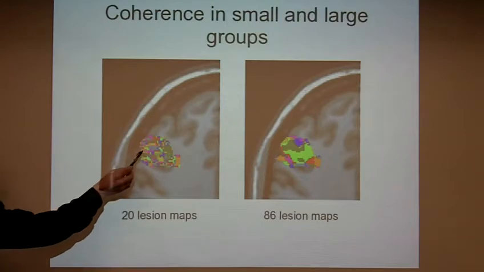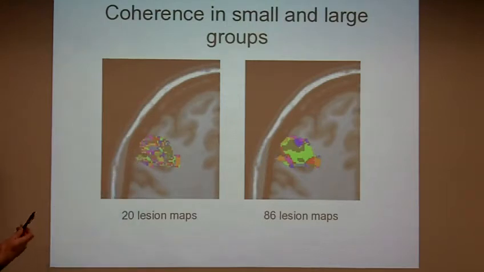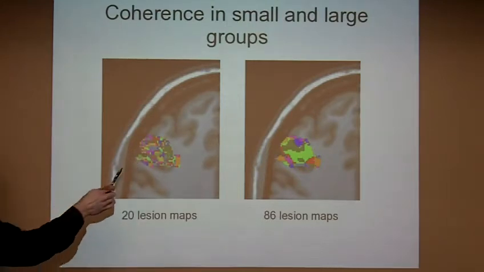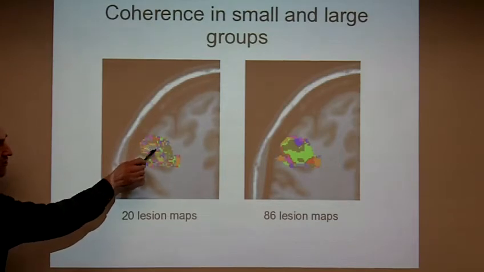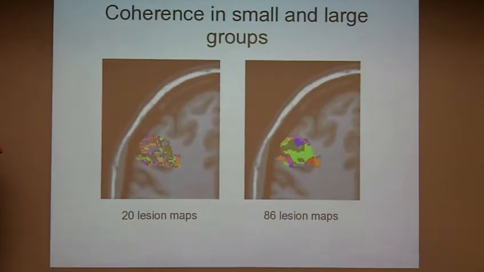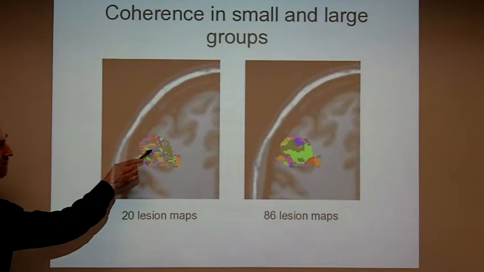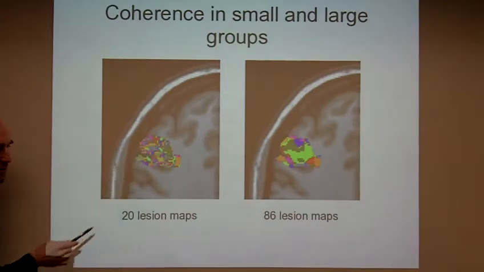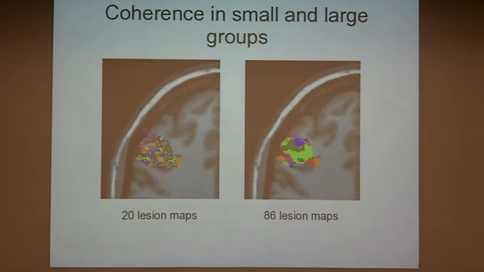If you're really interested for some theoretical reason or some anatomical reason in the difference between this little chunk of cortex and this little chunk of cortex, well, you've got to find a lot more subjects that have a lesion that ends right here, because right now you have none, and those voxels are all exactly the same. What you really have there is one large irregularly shaped voxel, or I guess you can call it a region.